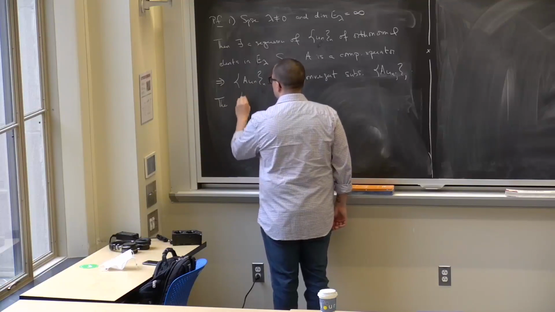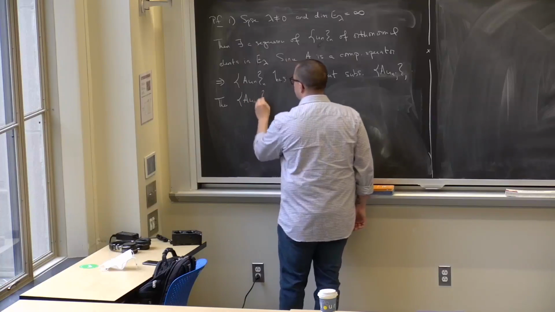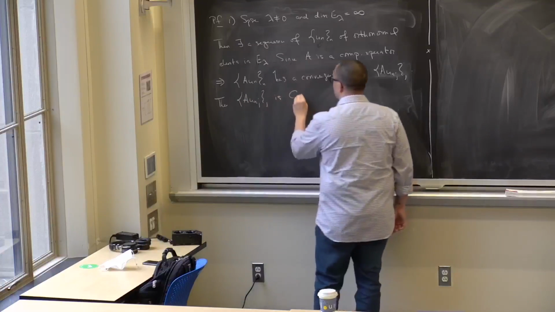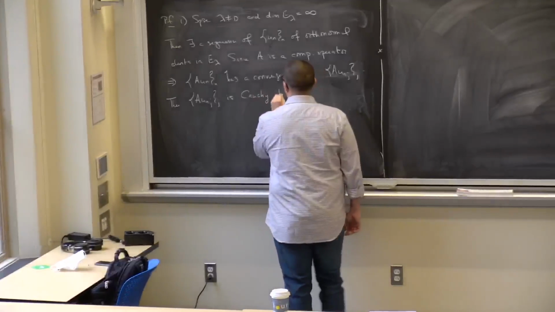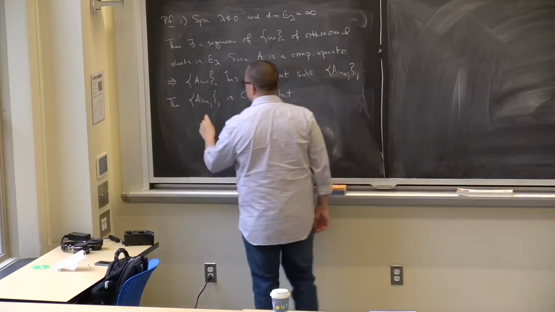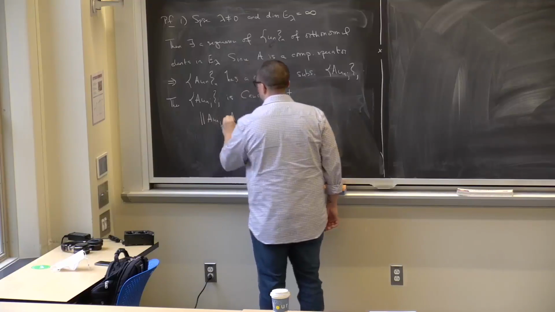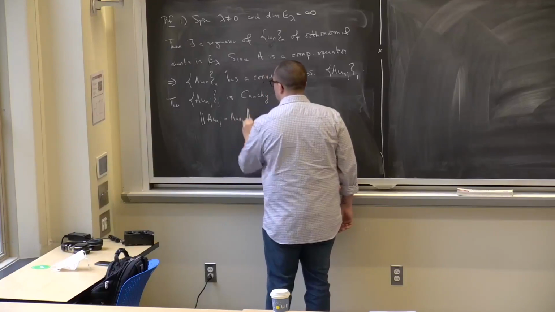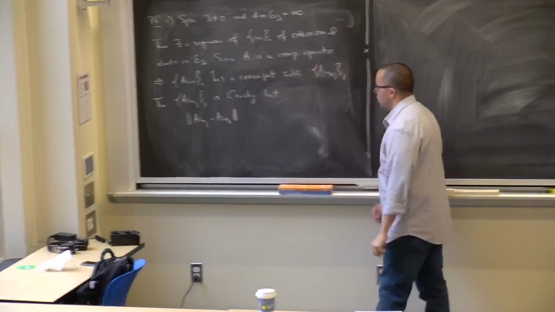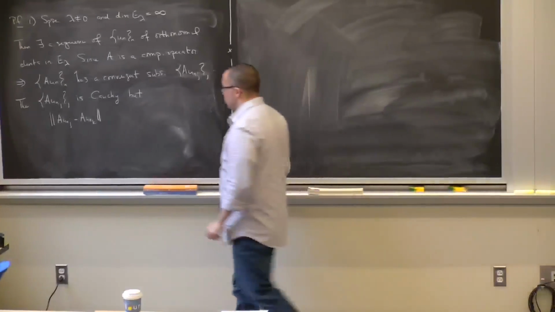Then A u n j is Cauchy, but let's actually look at the difference between two of these in norm, squared.